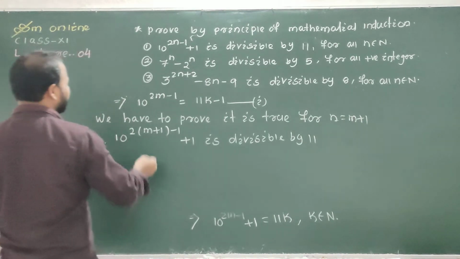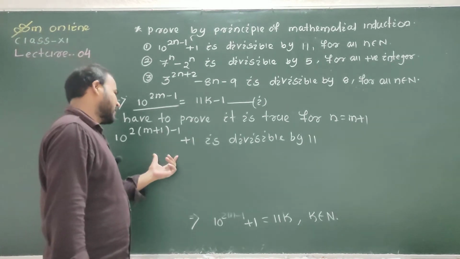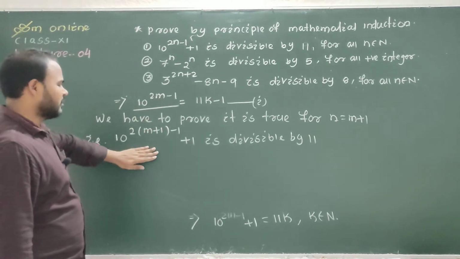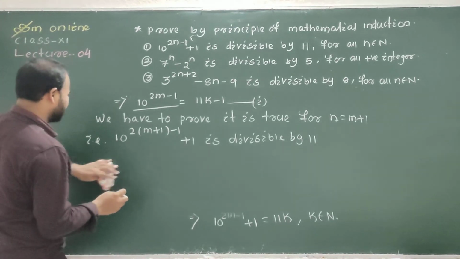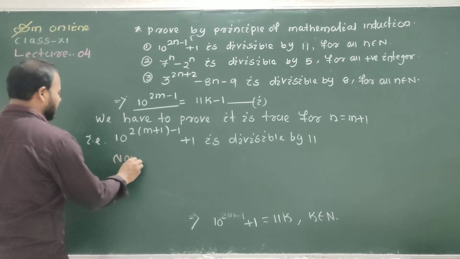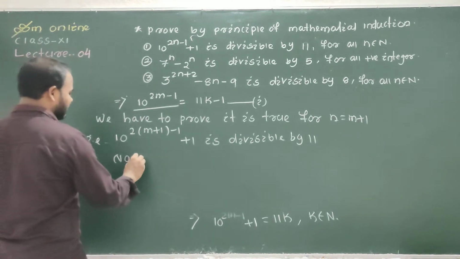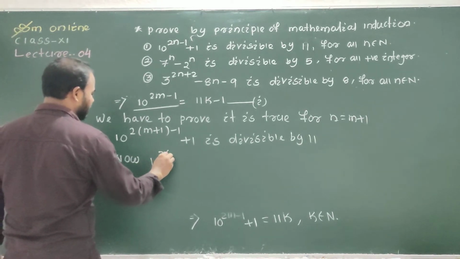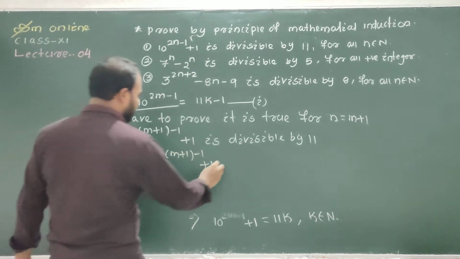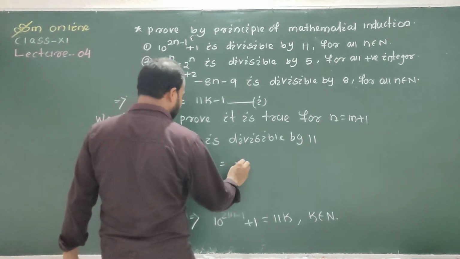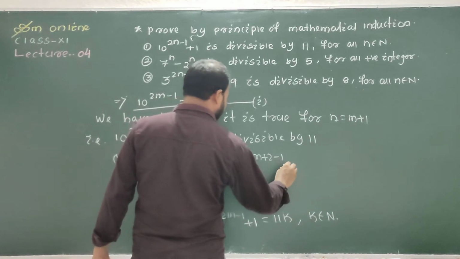Now we have from equation 1 the value of 10 to the power 2m minus 1. We have to prove that this statement is divisible by 11. Now 10 to the power 2 into m plus 1 minus 1 plus 1 equal to 10 to the power 2m plus 2 minus 1 plus 1.